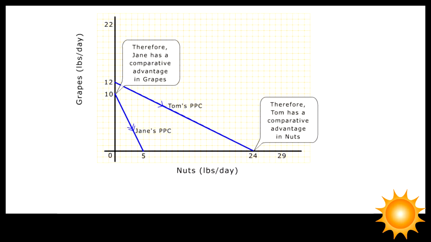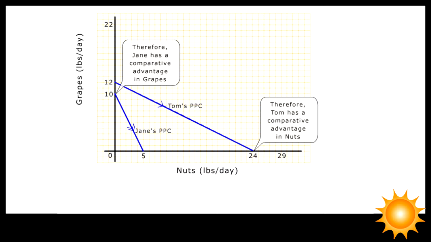Jane's comparative advantage in producing grapes thus opens the door to greater total output of grapes and nuts by pooling resources with Tom. To demonstrate this outcome, let's first generate a combined production function.